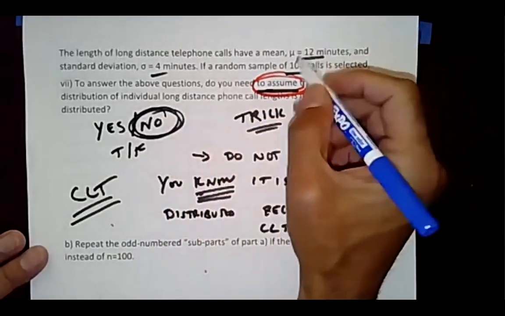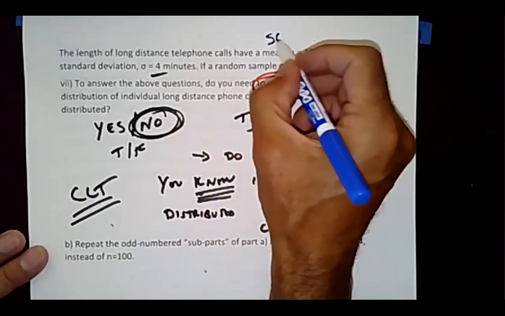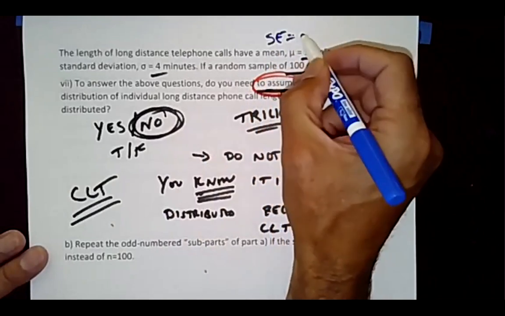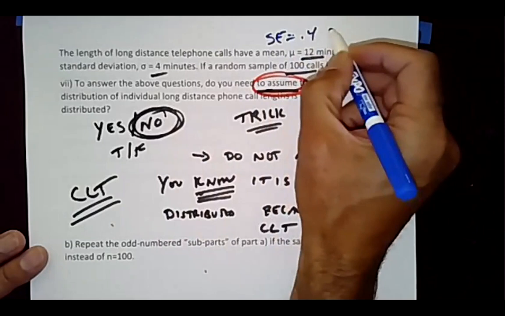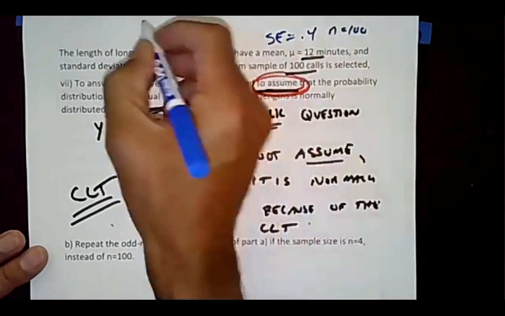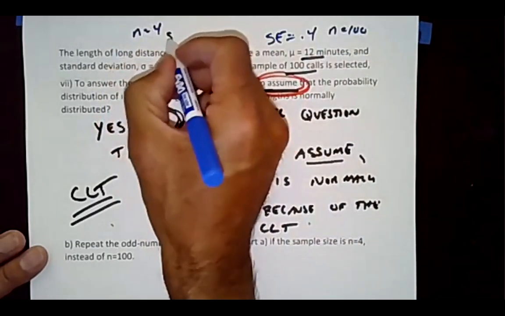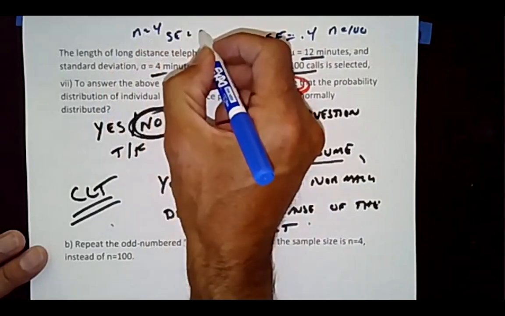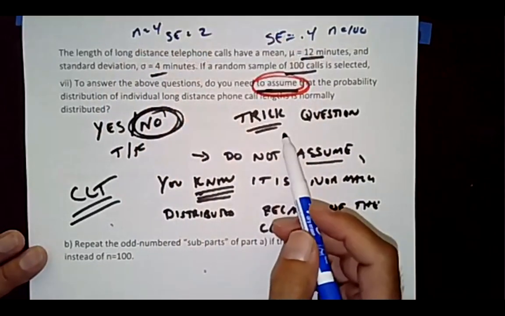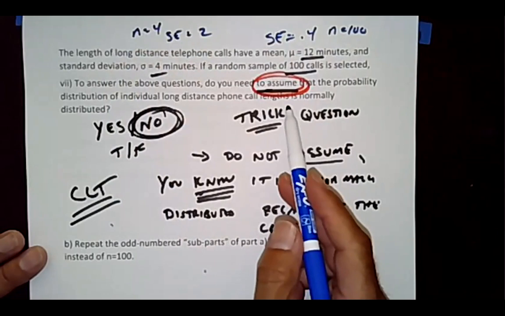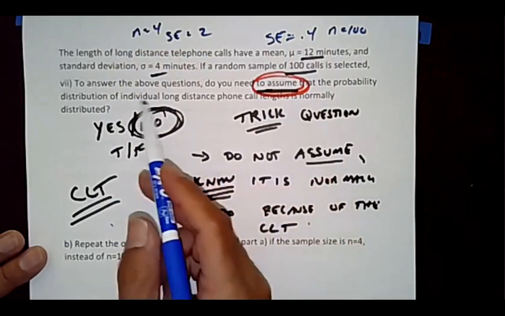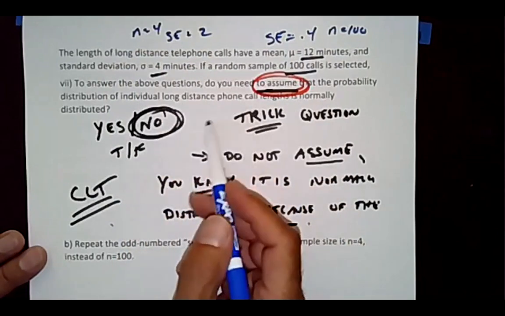Now, the standard error was 0.4 with n of 100. Now my n is only 4 with a standard error of 2. So now, Ryan, do we need to assume that the probability distribution of individual long distance phone calls is normally distributed?